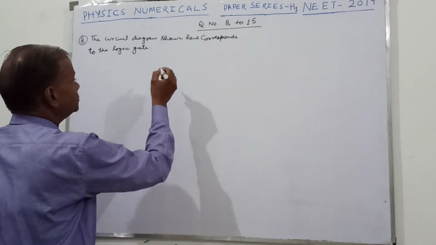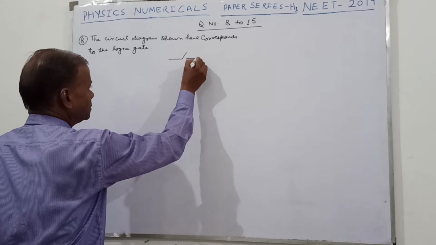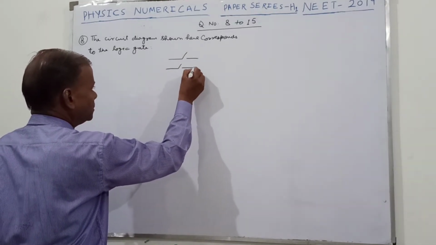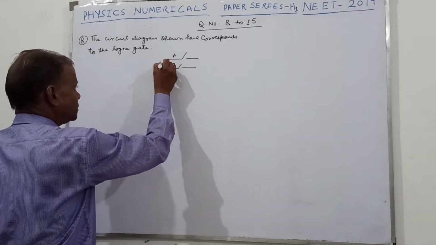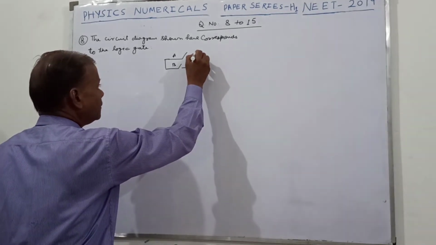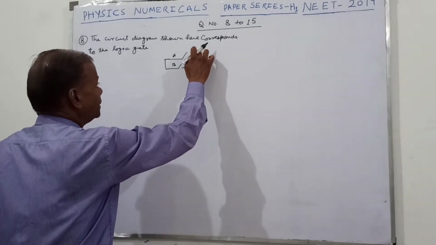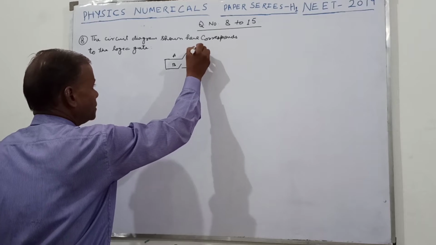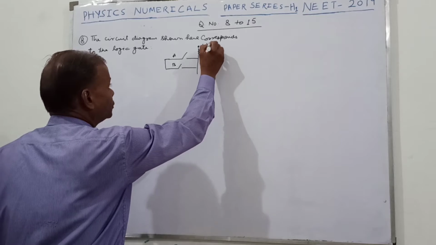Here this is A, this is B, and here this is giving the resistance. This is now plus 6 volt.